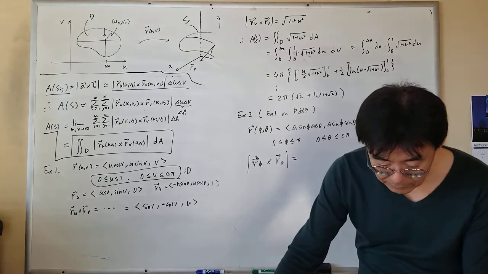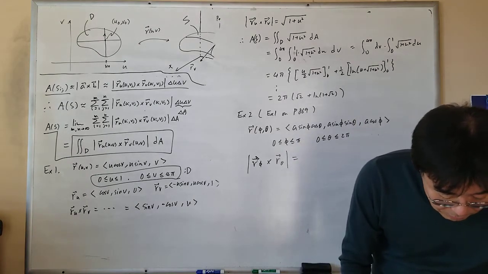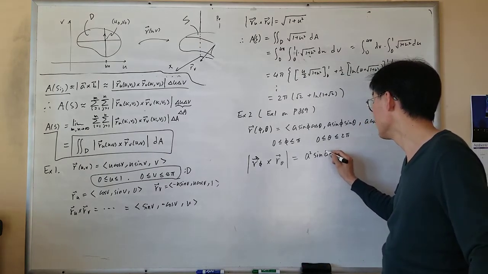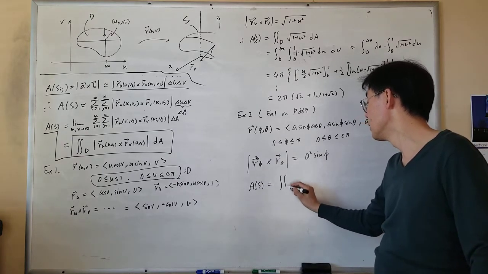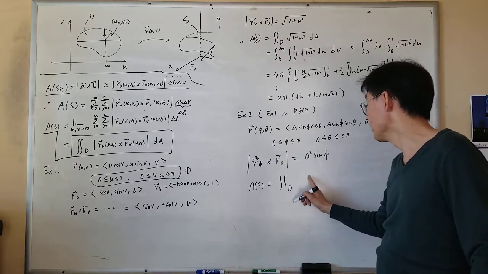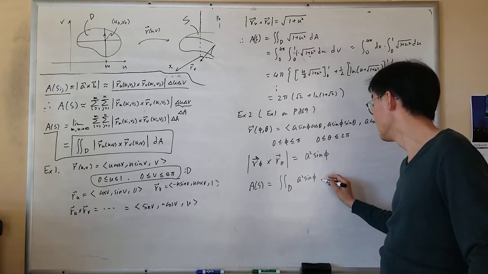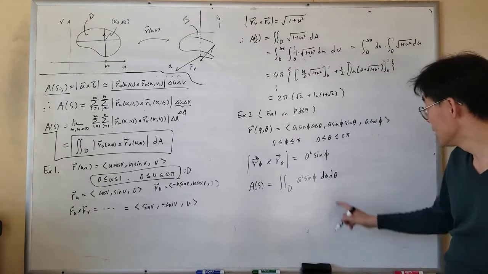If you do that and go through all these calculations, you get a squared sine phi. Then your surface area will be the integral over domain D, d phi d theta.